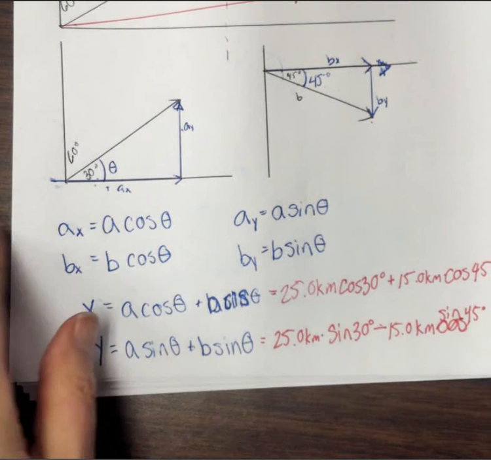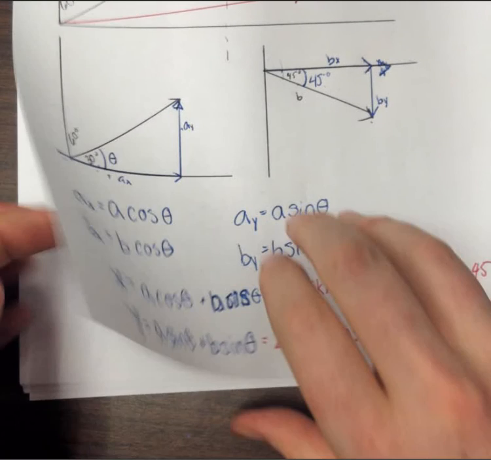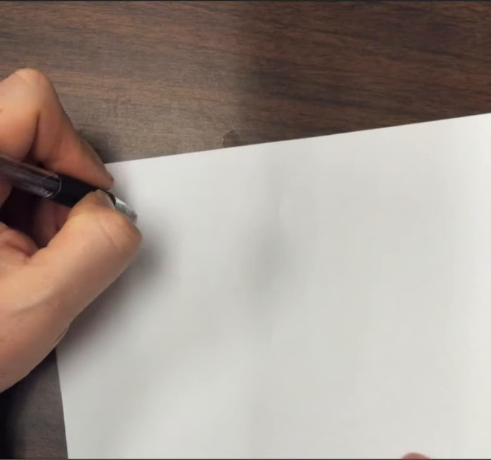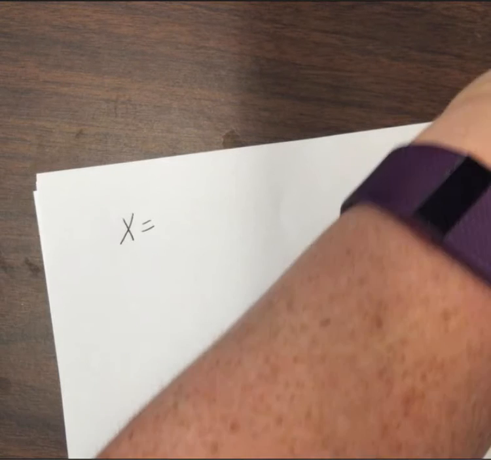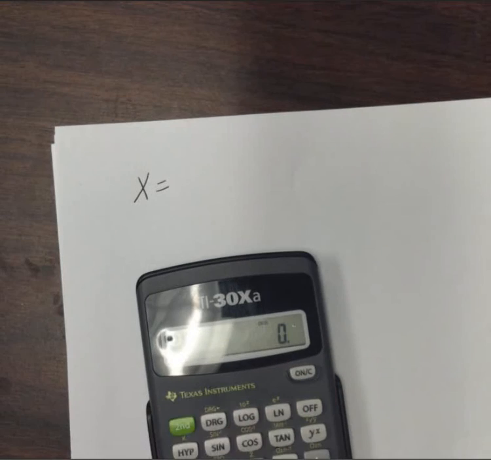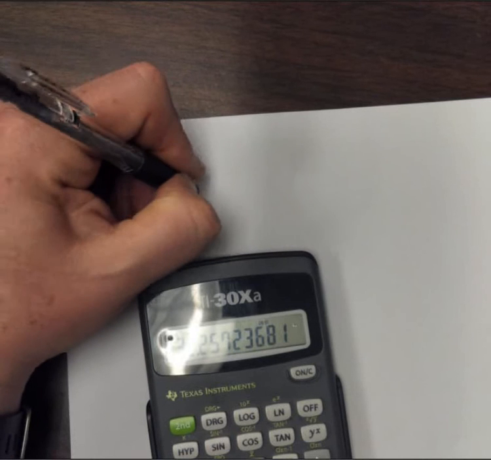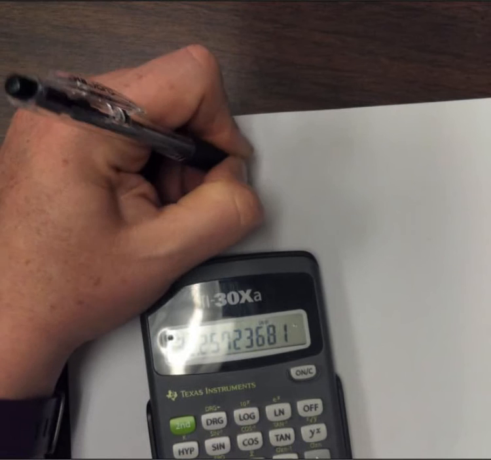And then you're just going to plug in your variables here, which we need to do on a separate sheet of paper. Alright, and we're going to get that the x values added together are going to be cosine of 30 times 25 plus the cosine of 45 times 15, and that should give us a total of 32.3 kilometers.